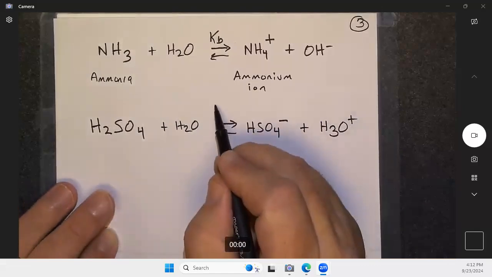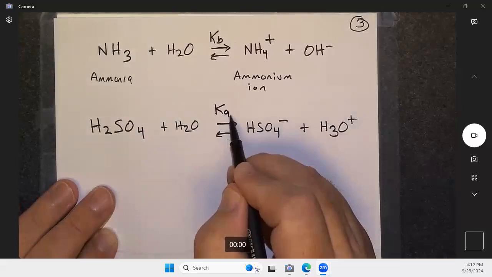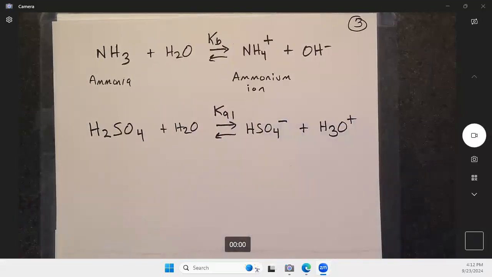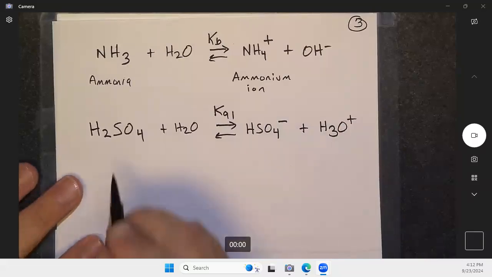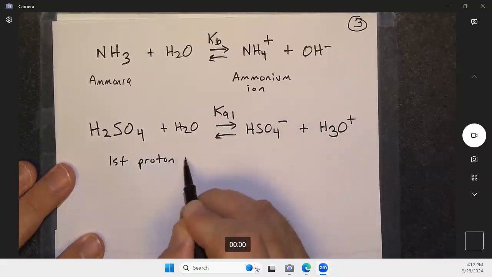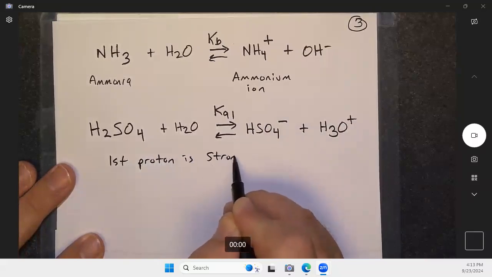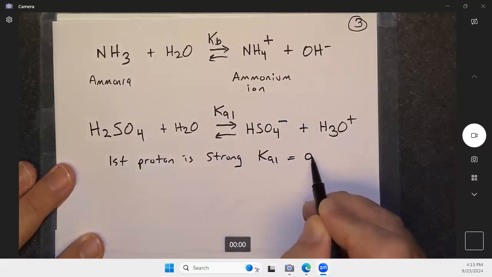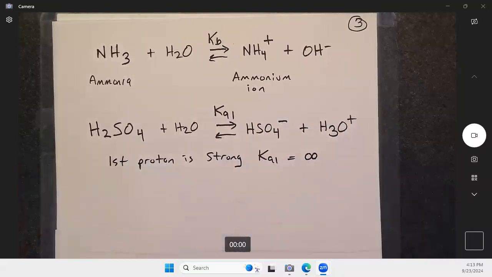And that's Ka1, right? That's the first one. And what do we know about Ka1? It's infinite, right? That first one is strong. Everybody agree with that?